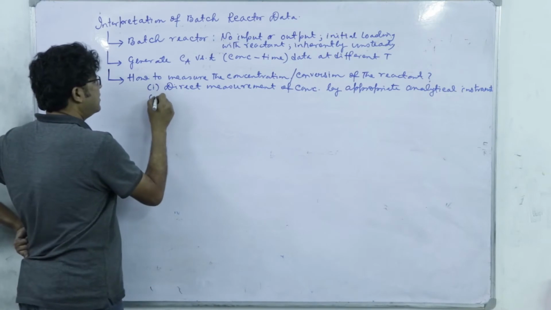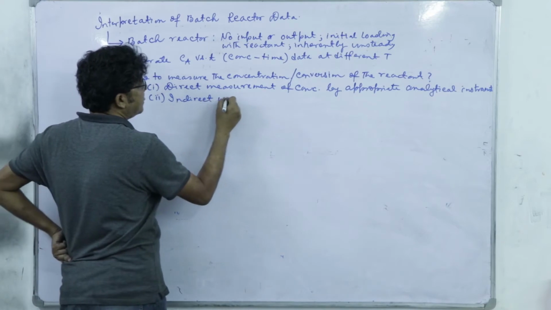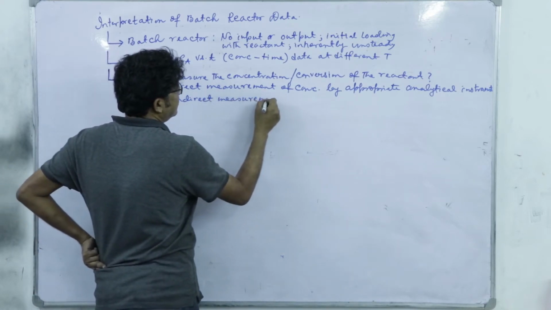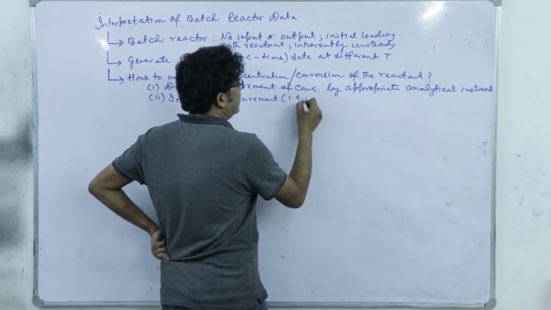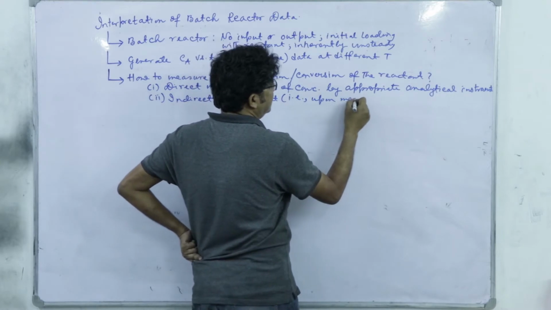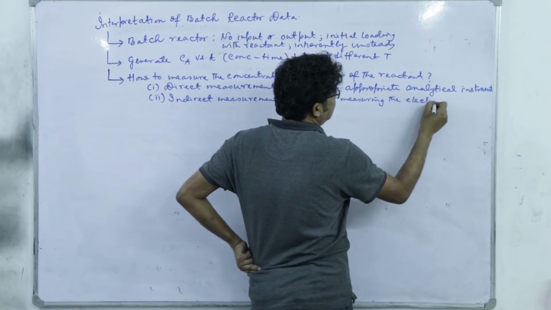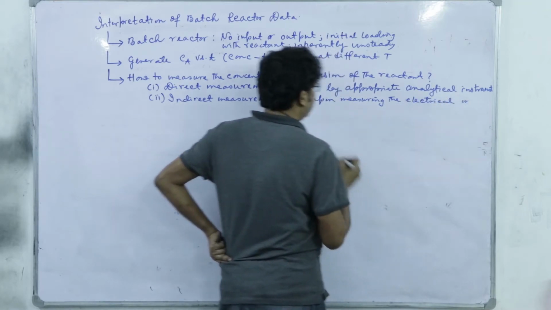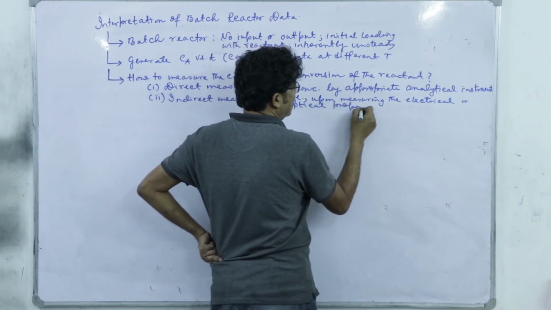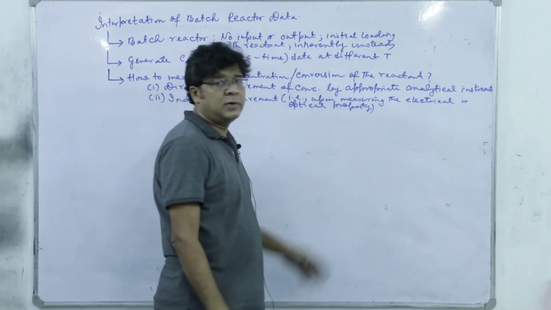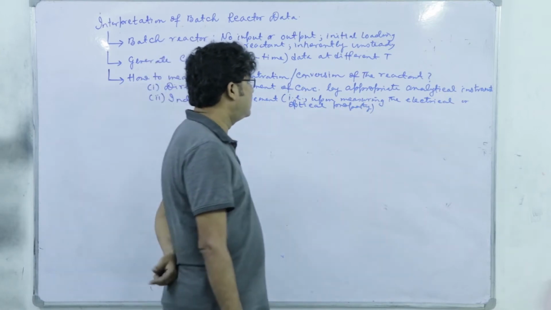Second, indirect measurement, that is upon measuring the electrical or optical property. Just like what we do in a spectrophotometer using Lambert-Beer's law, right.